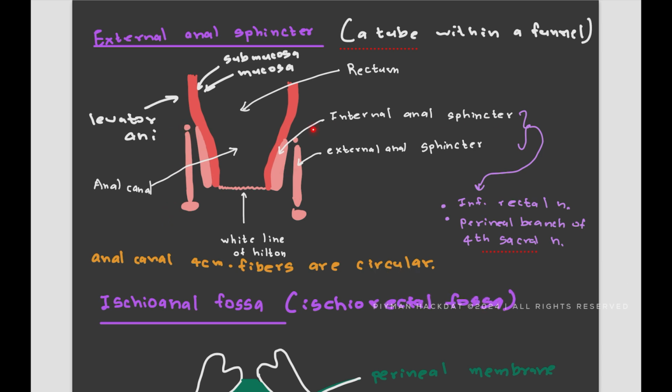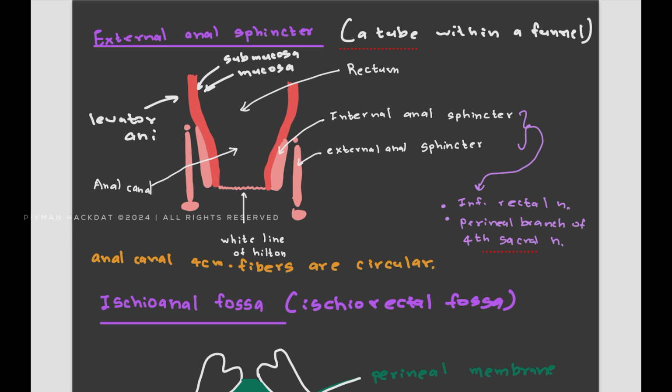The internal anal sphincter covers the upper three quarters of the anal canal, and the external anal sphincter covers the entire length of the anal canal. And here you can see the white line of Hilton, also known as the pectinate line. And here is where the levator ani muscle attaches.